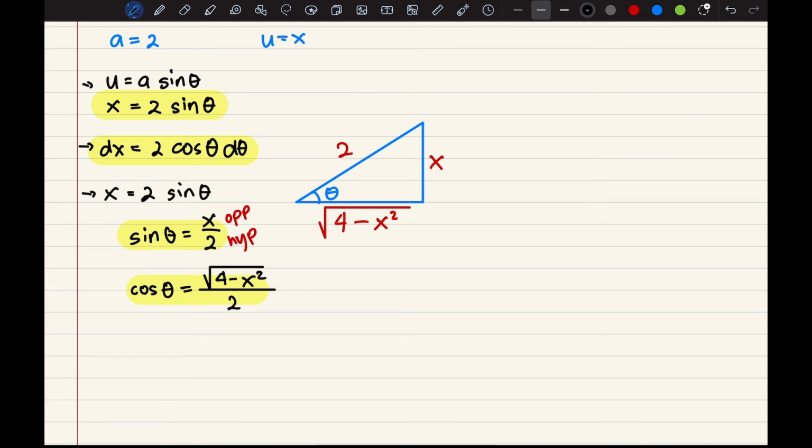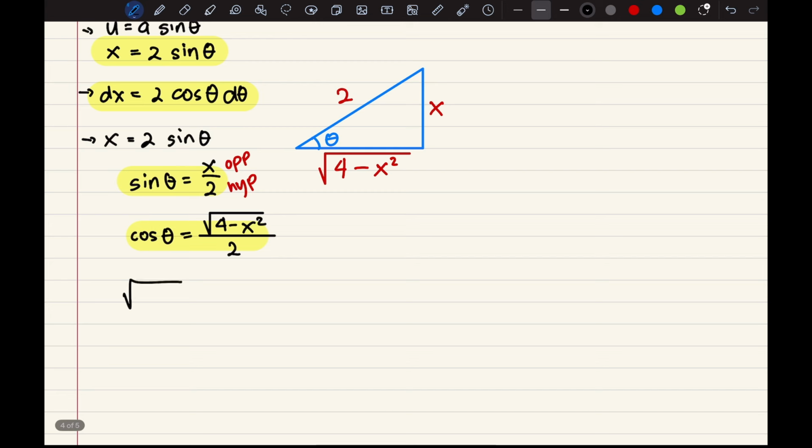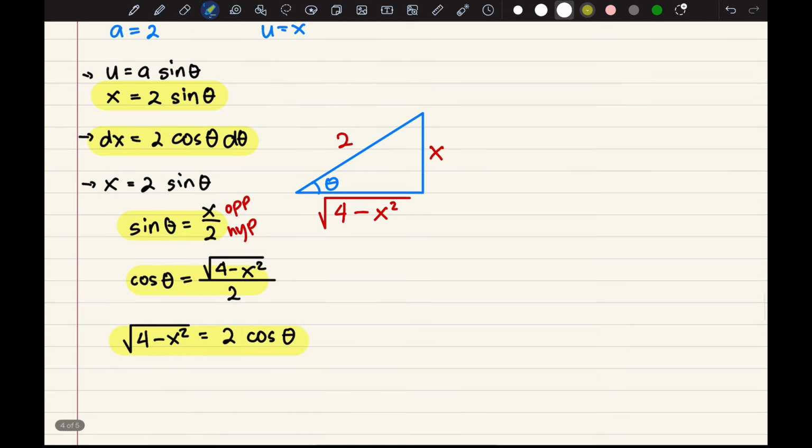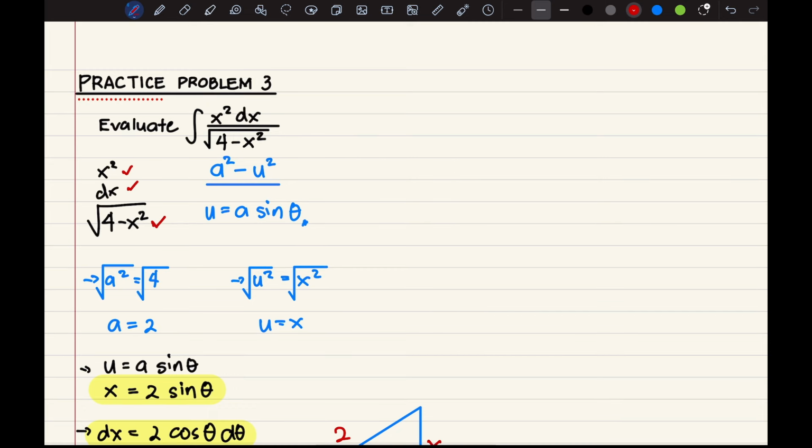And then simply we rewrite this para makahanap tayo ng equivalent of square root of 4 minus x squared. Therefore, from this equation, we have square root of 4 minus x squared to be equal to 2 cosine theta. So this is now the corresponding substitution for square root of 4 minus x squared. So we have now determined a substitution for all parts of the integrand.